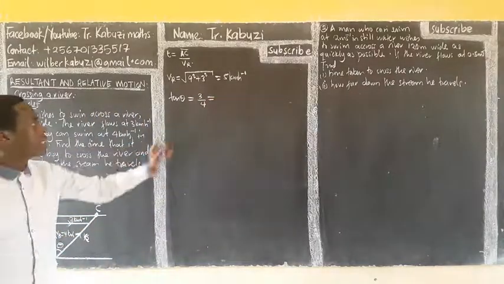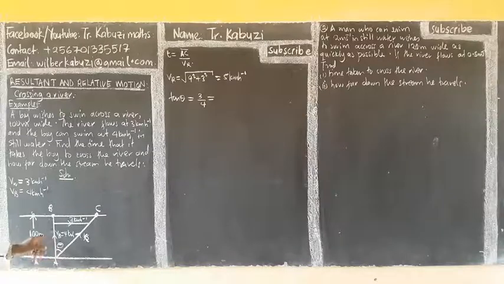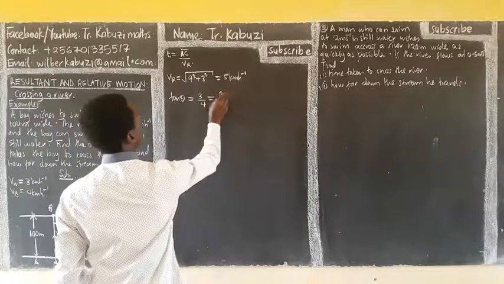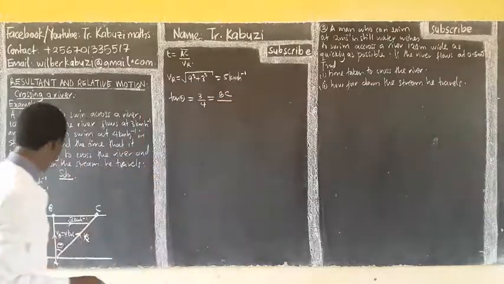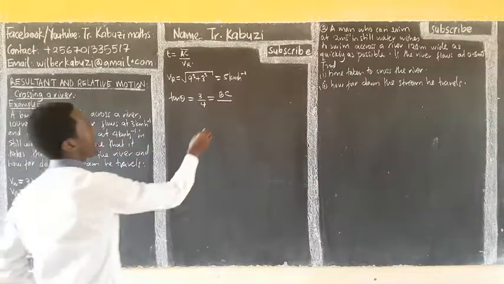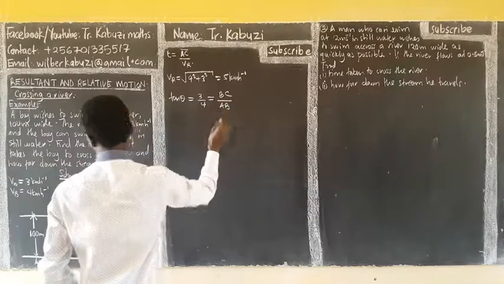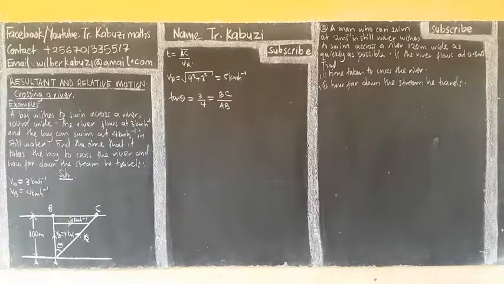Now these are velocities, but I can also calculate it using the distances. It's also going to be the distance BC over the distance AB. So tan theta is equal to this over this, which is also BC over AB.